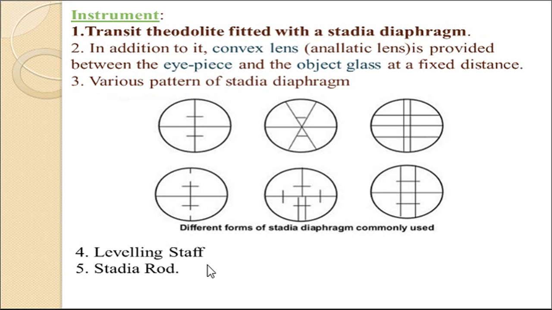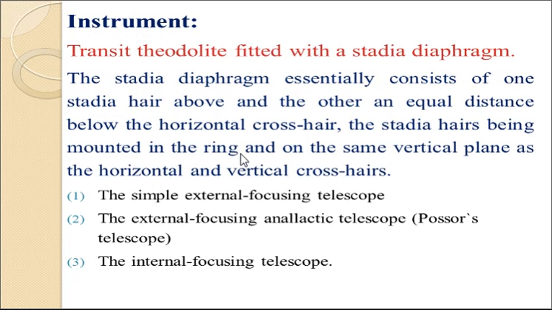With this we also need a leveling staff and stadia rod. When we use the leveling staff and when we use the stadia rod, we will discuss next. A transit theodolite fitted with a stadia diaphragm is known as a tachymeter, and that is used in tachymetry.